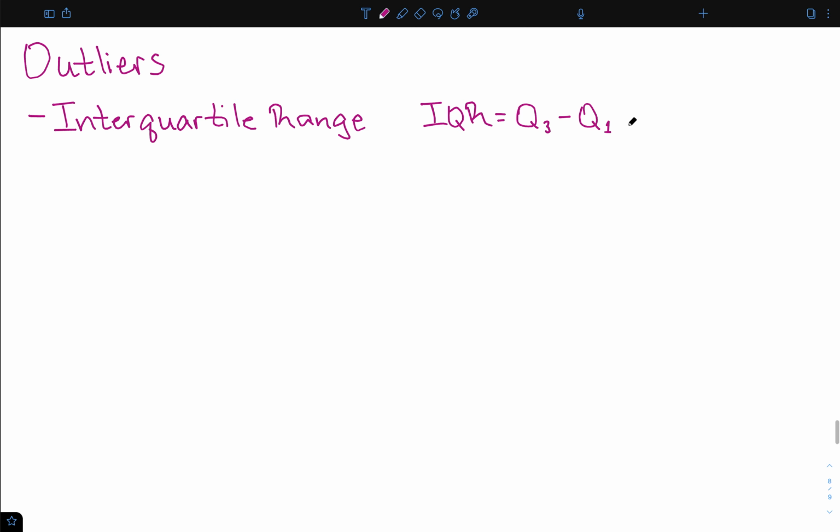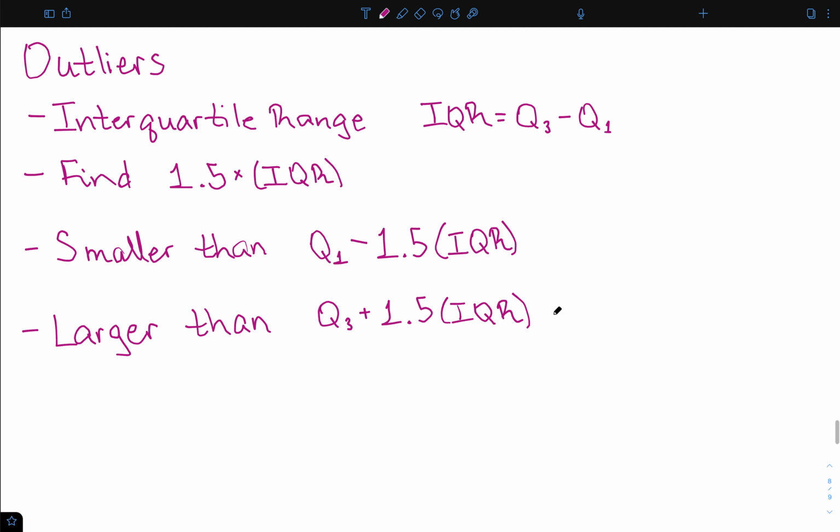We subtract the third and the first quartile. After that, we find 1.5 times the interquartile range. The outliers are then any numbers that are smaller than Q1 minus 1.5 times IQR, or larger than Q3 plus 1.5 times IQR.